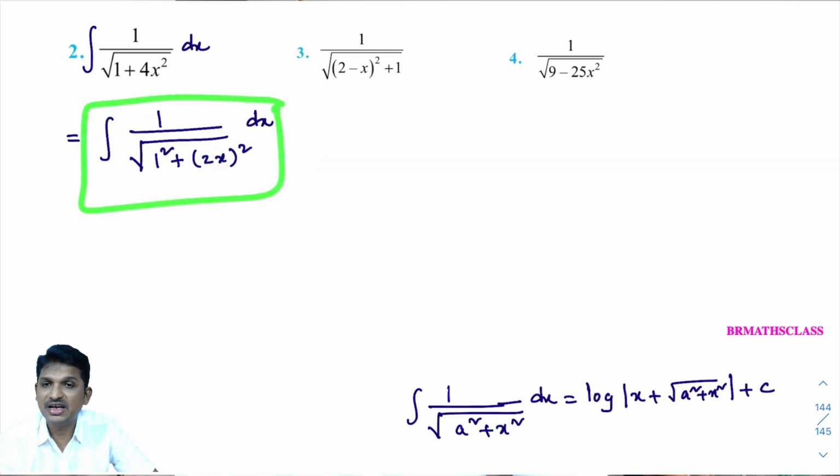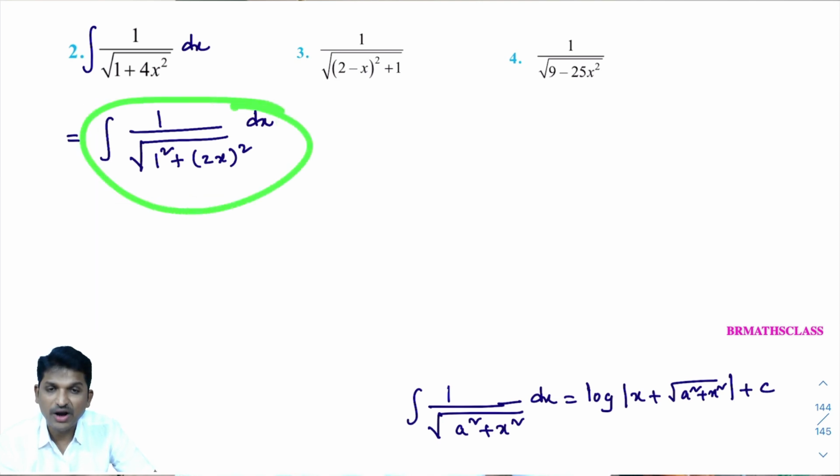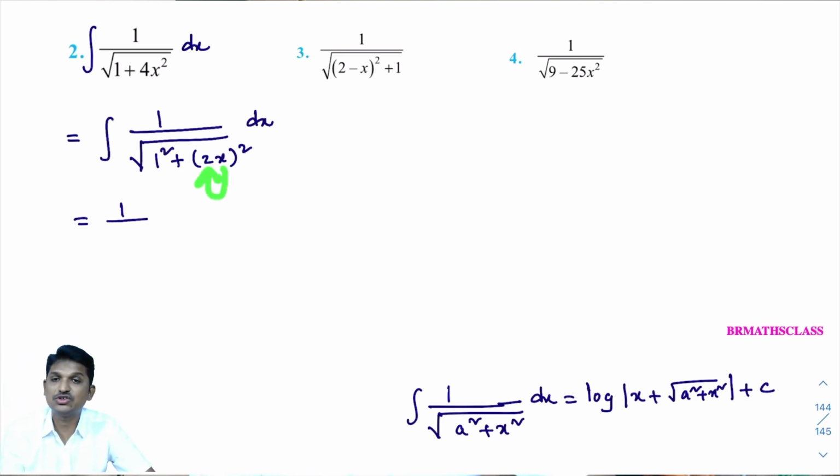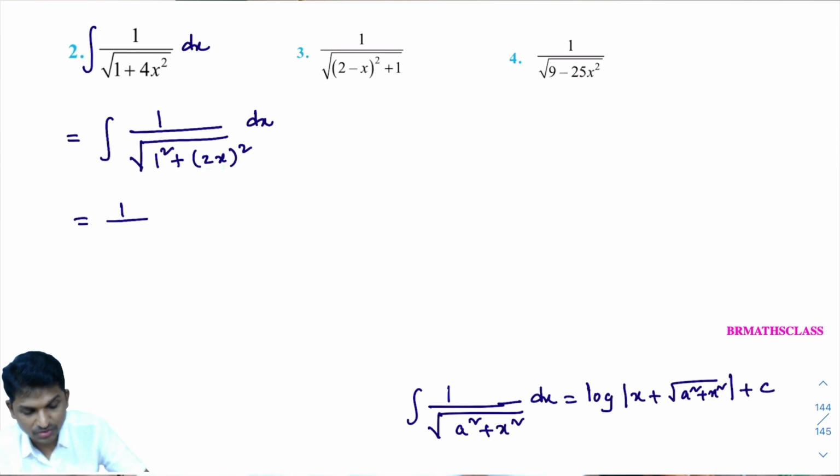How to write its answer directly? The answer starts with 1 divided by the x coefficient. In ax plus b, the x coefficient is 2. So the answer starts with 1 by 2 into log mod x. In place of x, you write 2x.